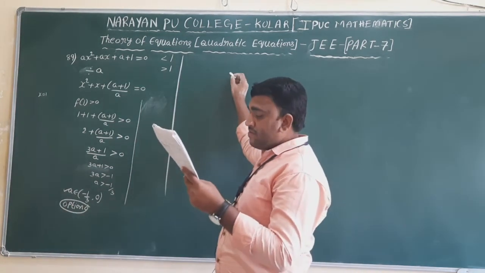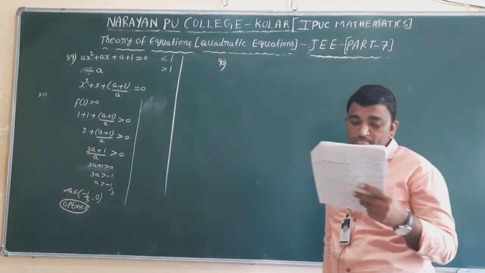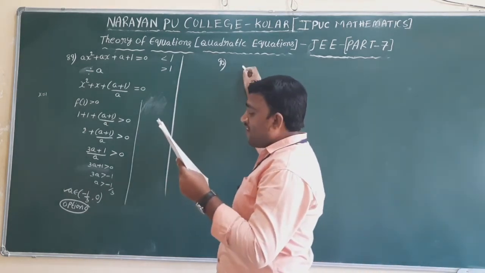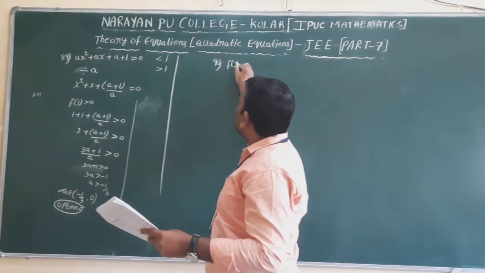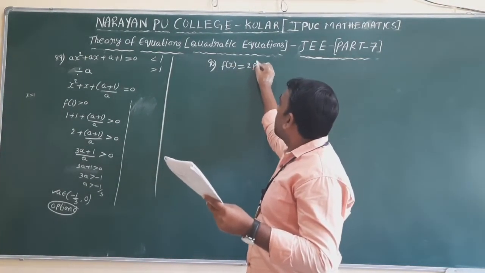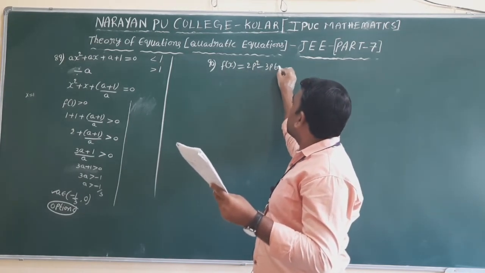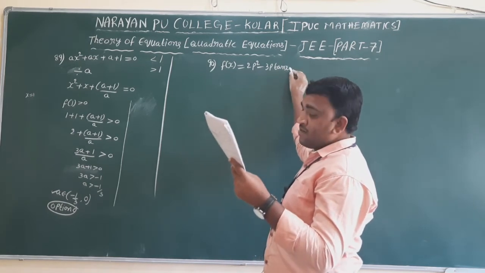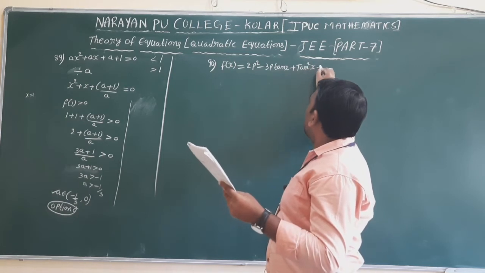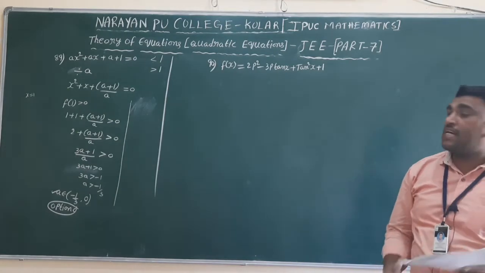So next one. Question number 90. The possible values of p for which the graph of the function f of x equal to 2p square minus 3p tan x plus tan square x plus 1 does not lie below the x axis.